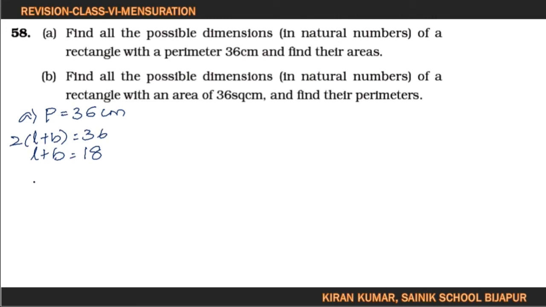Let me write the dimensions, and here I'll find the area. If I consider 1 and 17, 1 centimeter and 17 centimeter dimension, length plus breadth is 18, area will be 17 centimeter square.